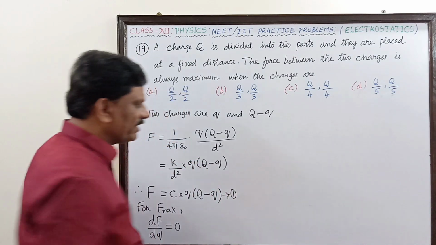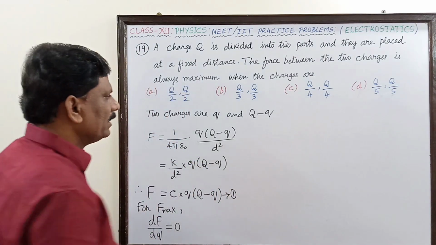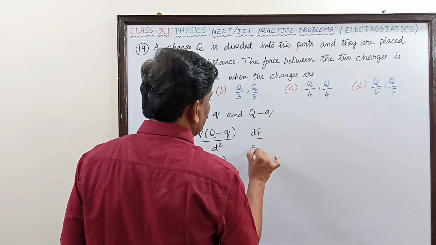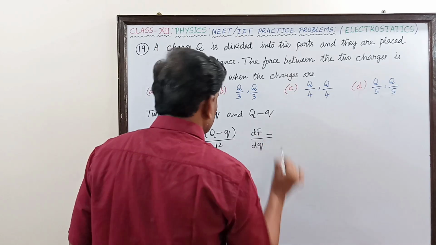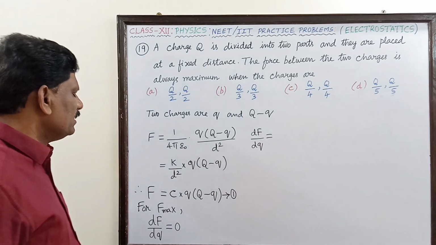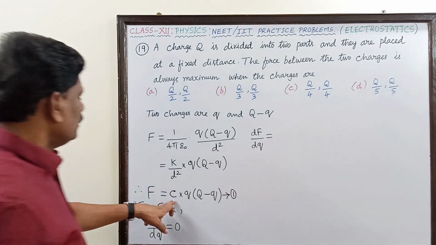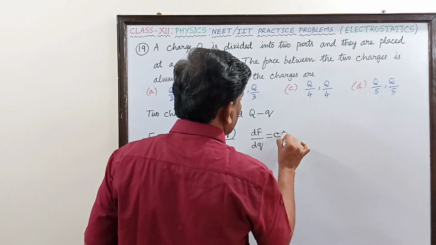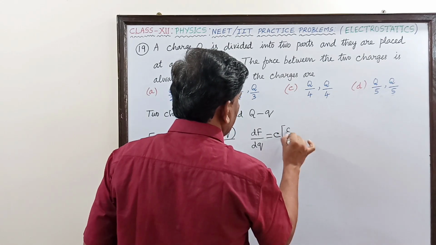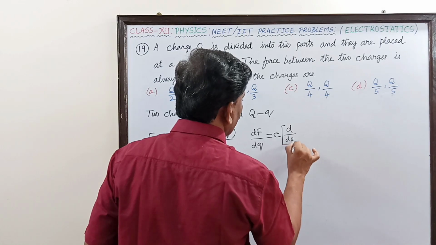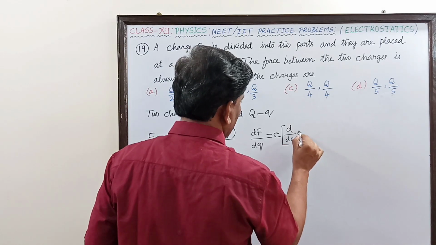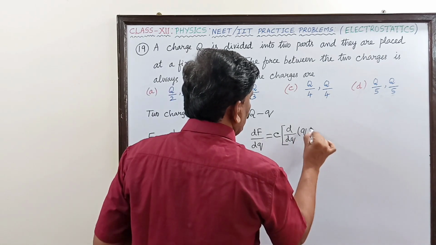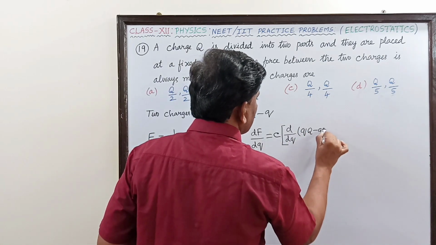I am going to differentiate on both sides. So what will I get? dF divided by dq is equal to the constant C, taken outside, into d by dq of q into capital Q minus q.